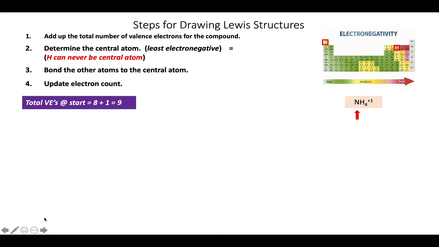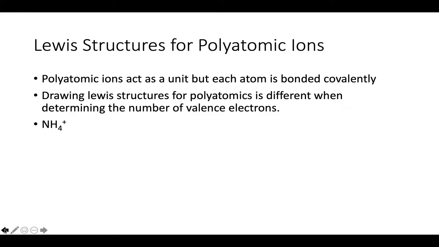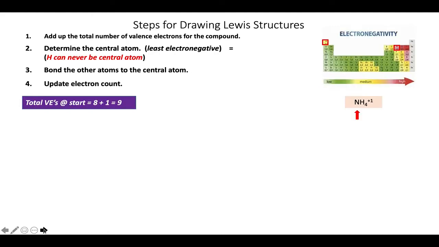So for our total valence electrons, we have nitrogen, hydrogen, there's 4 of them. We're going to bond that one, bond the second one, bond the third. This one has 4, NH4.